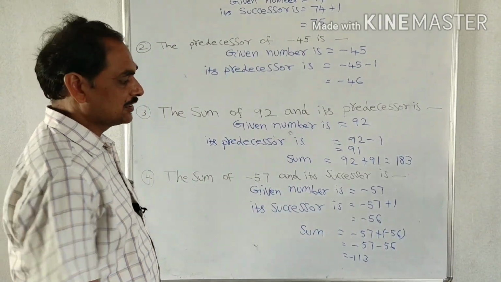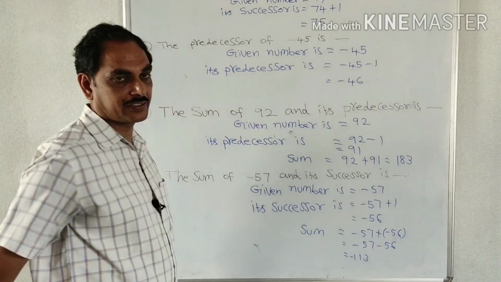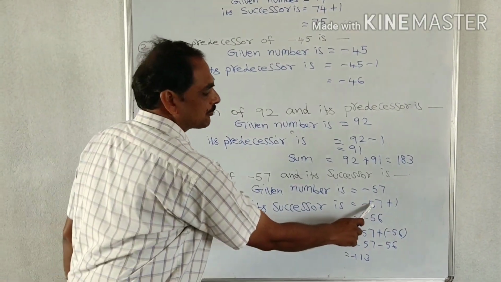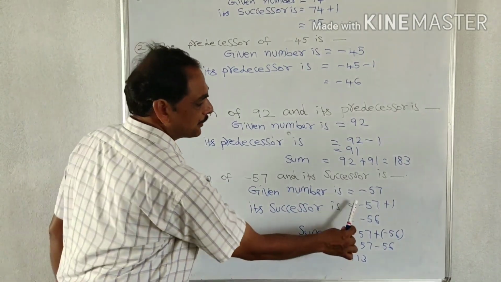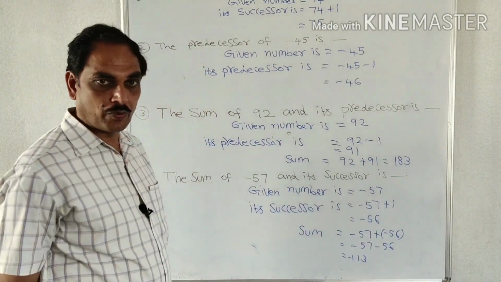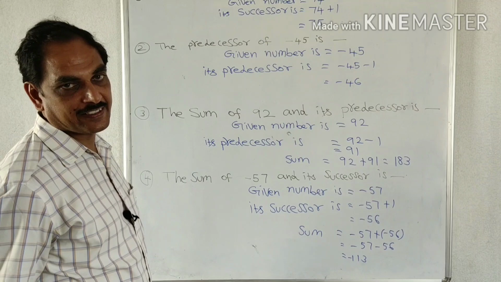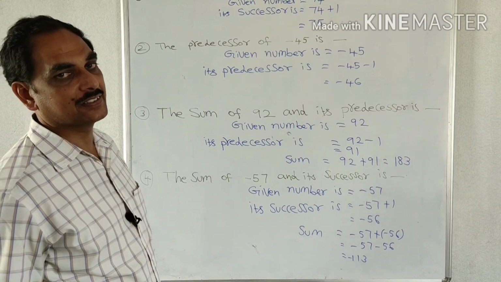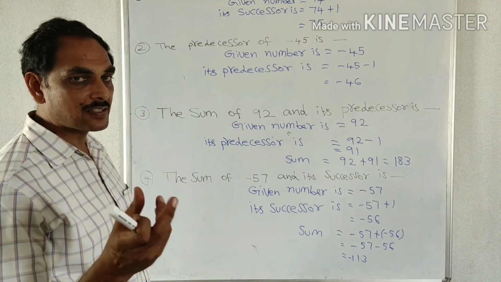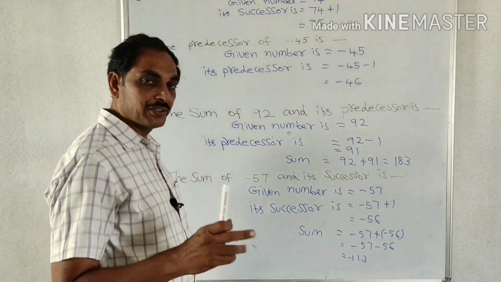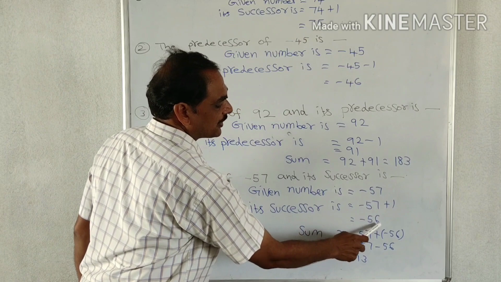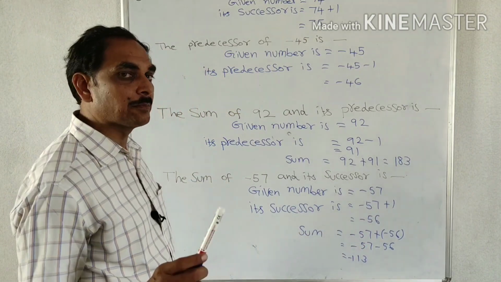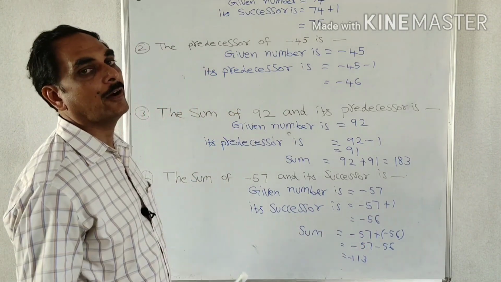This is a sum of integers. We have two numbers, 57 and 1, which have the signs minus and plus. When one number is minus and the other is plus, we subtract the smaller from the greater. By this rule, we write 57 minus 1 is 56, and put the sign which the bigger number has.